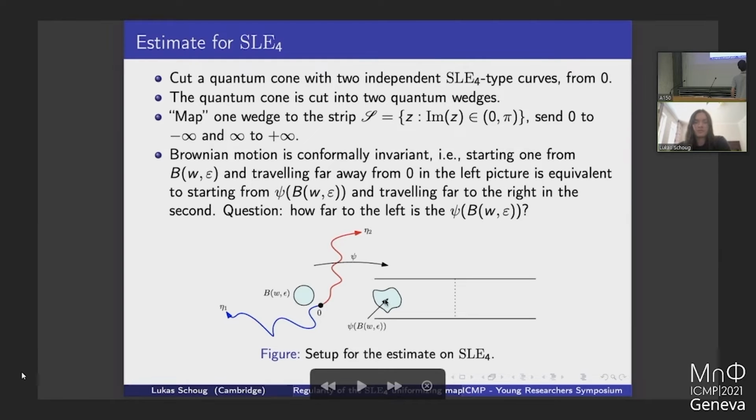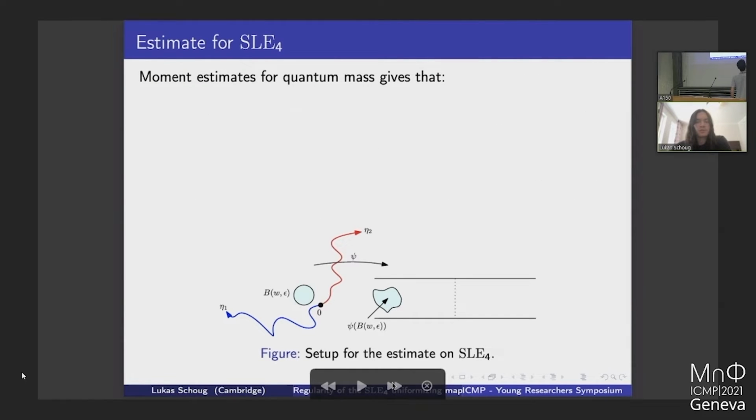And we know how to control a Brownian motion in the strip. So that's something easy. We just need to make sure that this is not too far to the right or too far to the left. So doing moment estimates, we know that this ball, and therefore also the image of the ball, does not have too small or too large mass.